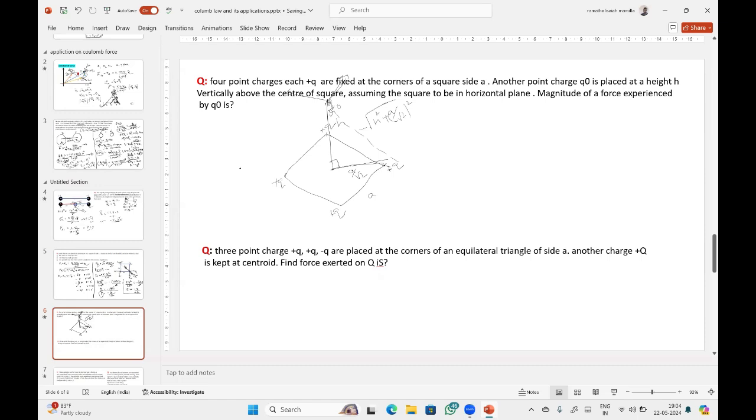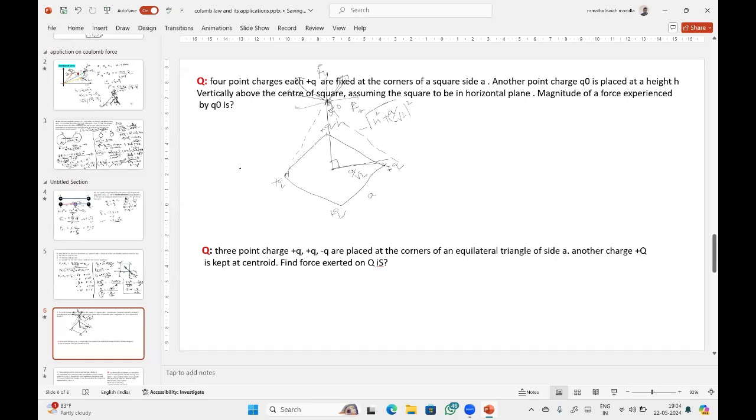So now I will resolve the components. This force F is resolved along the x-axis and y-axis, into x and y components. Similarly, by this charge also, the force acts like this, and by the other charge also the force acts like this.